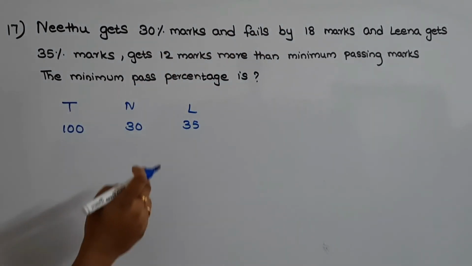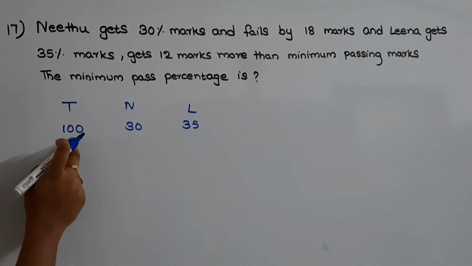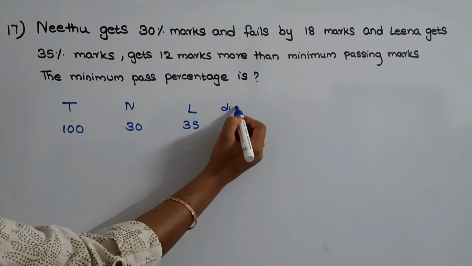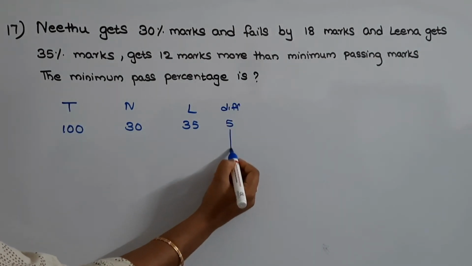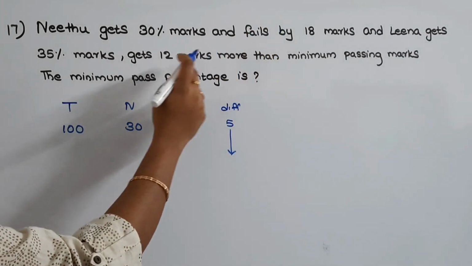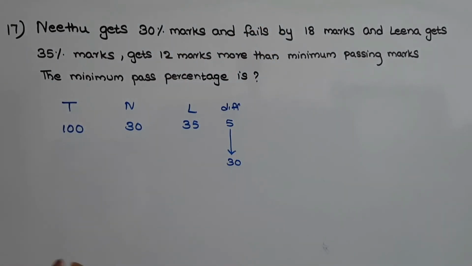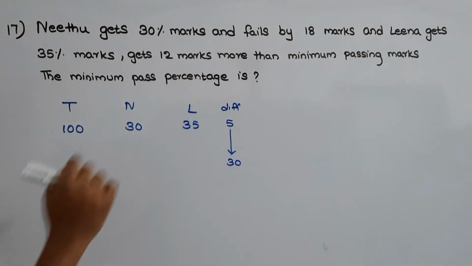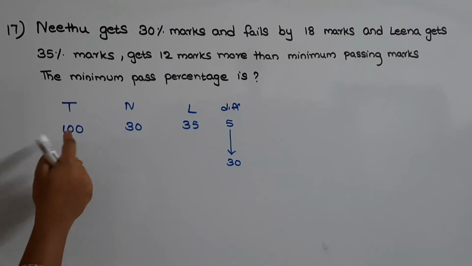So let us find out the difference between their marks when the maximum mark is taken as 100. So that particular difference will be equal to 35 minus 30, that is 5. So we can represent this 5 as 18 plus 12, that is 30. So we need to find out the minimum pass percentage. So for that we need to find out the maximum marks.